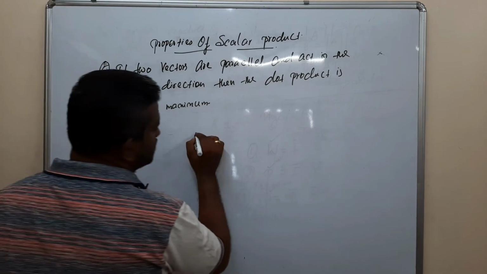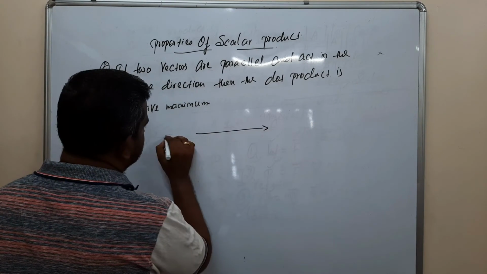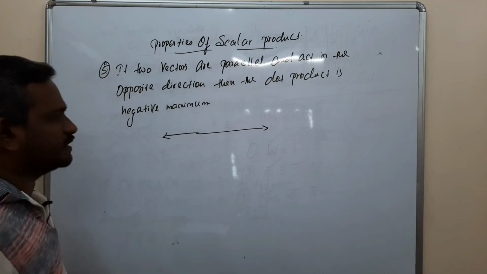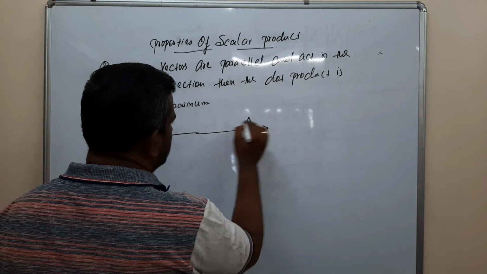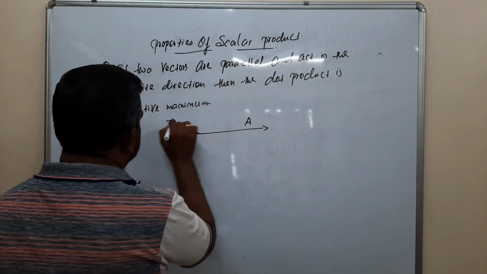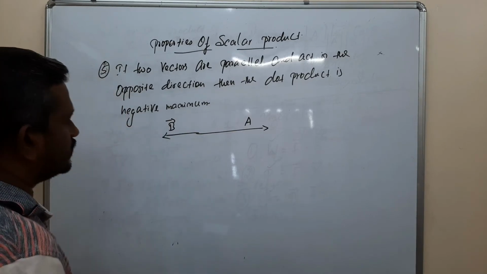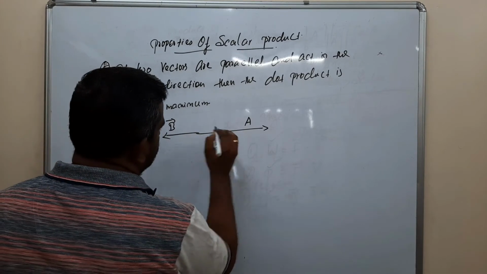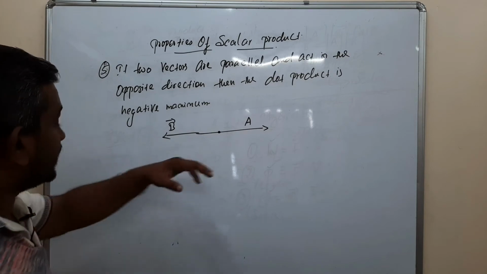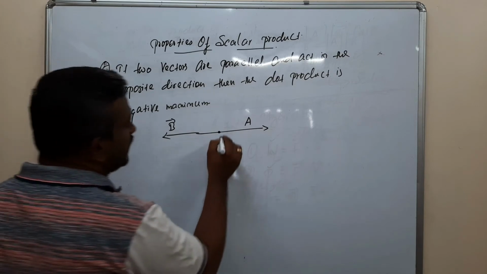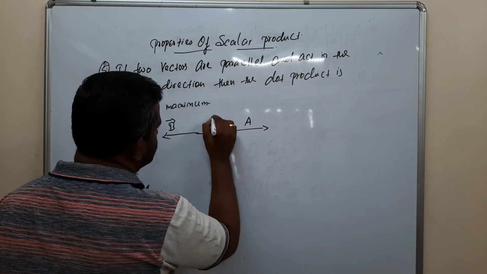So these are also parallel vectors. This is A vector and this is B vector, but they are acting in the opposite direction. So what is the angle between the two vectors? That is 180 degrees.